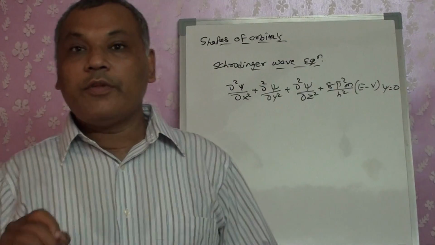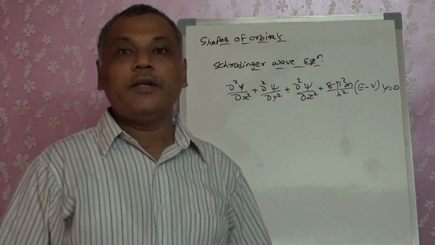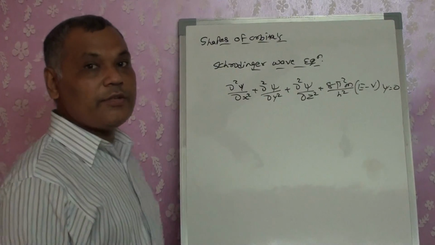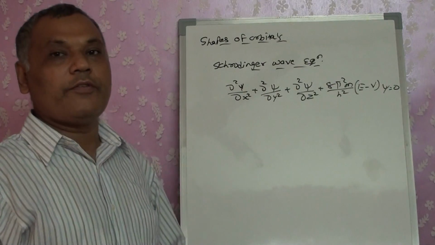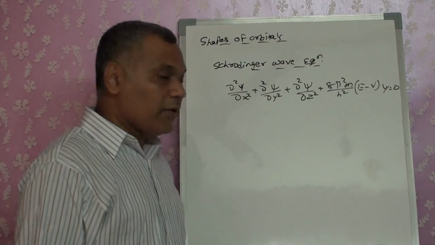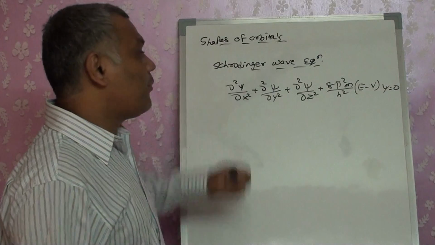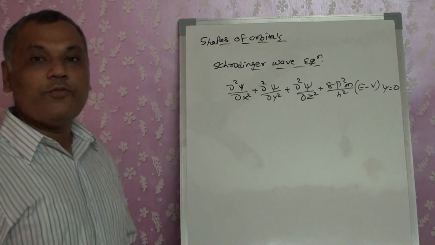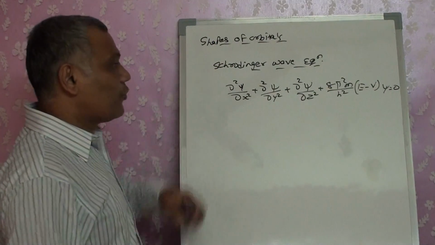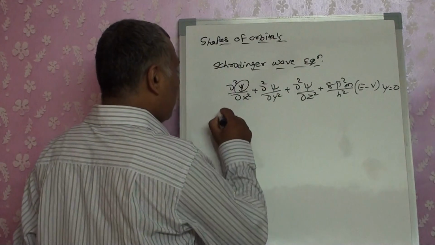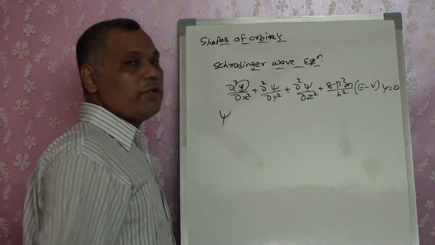That is one of the equations which was given by Schrodinger. Don't bother, we don't have to study this equation, there is no derivation, and neither will the numericals be based on it. It's only for your knowledge that this type of equation was studied by the scientist named Schrodinger, and from that we want to take out the knowledge of it.